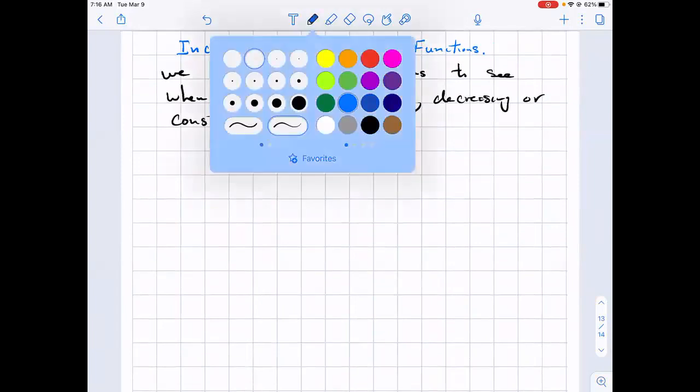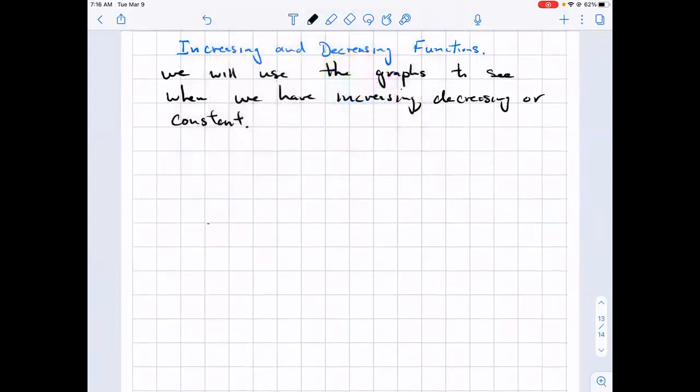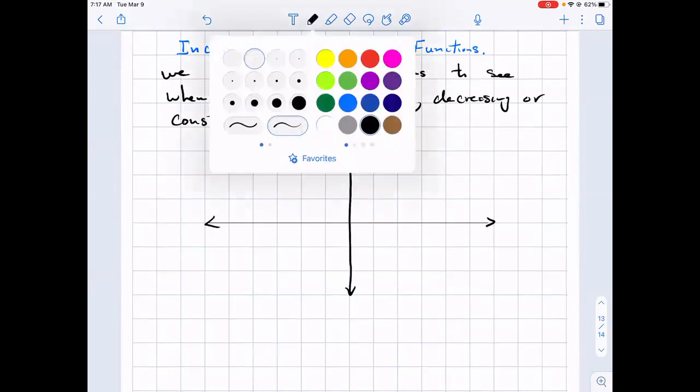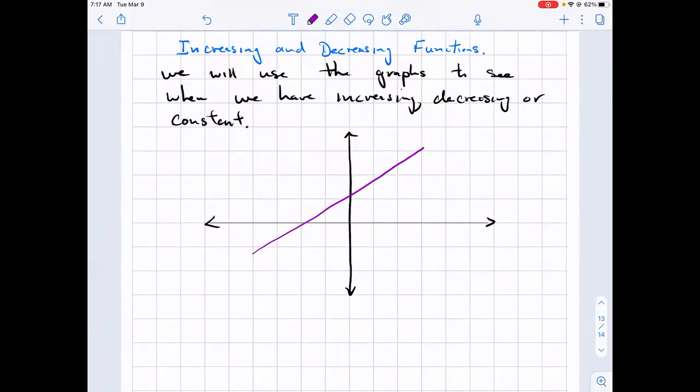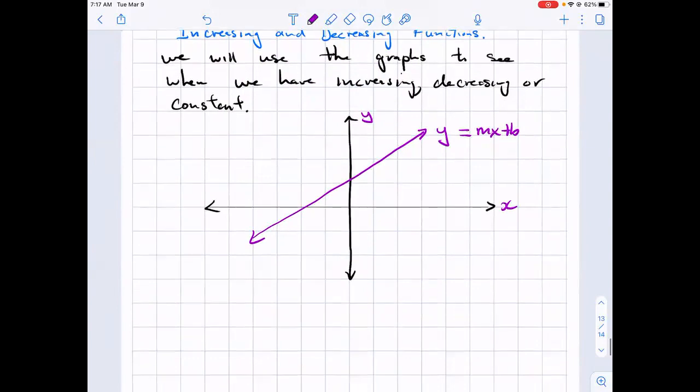For example, if we have the graph on the XY axis that looks like this, so this is y equals mx plus b. Here's the x-axis, y-axis. So you will notice that this graph is increasing.